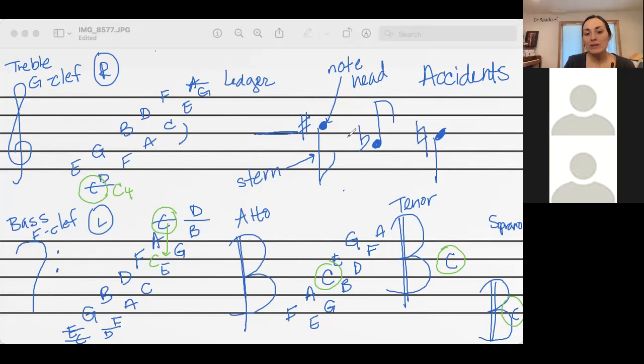And so the more ledger lines you have by hand, A, the more space you're going to run out of on your very expensive staff paper. B, the more likely it is going to be difficult for the performer to read, not because of the number of staff lines, but because of the handwriting, right? We're going to end up with a handwriting pattern where some of the lines might be squished or further apart, and it might be very difficult for the performer to figure out what's going on.